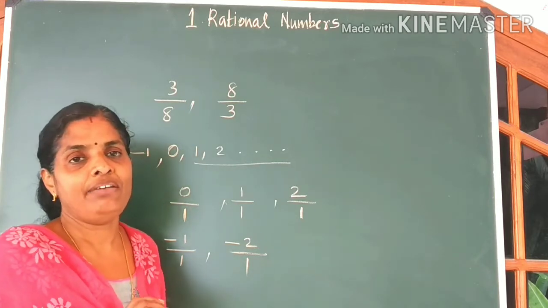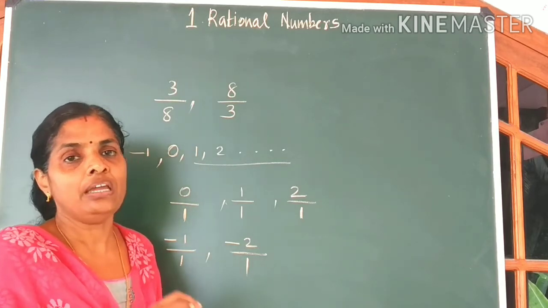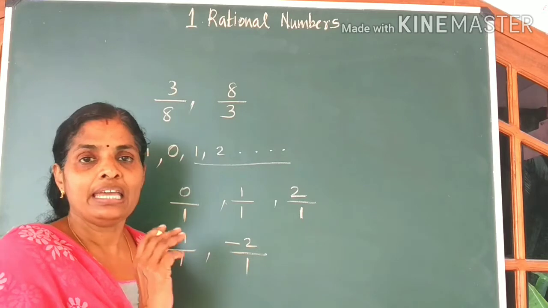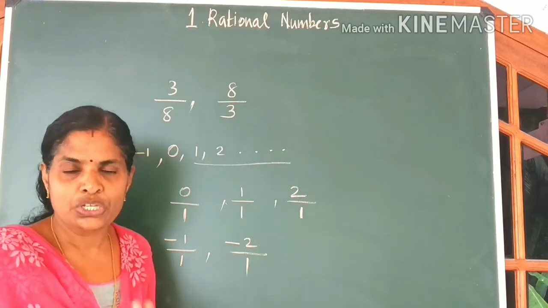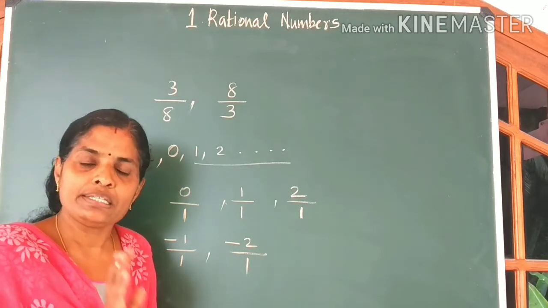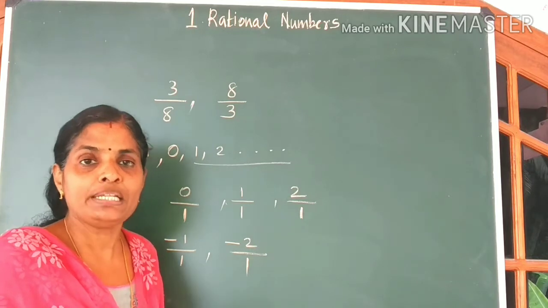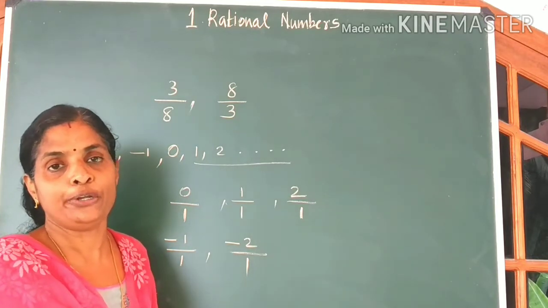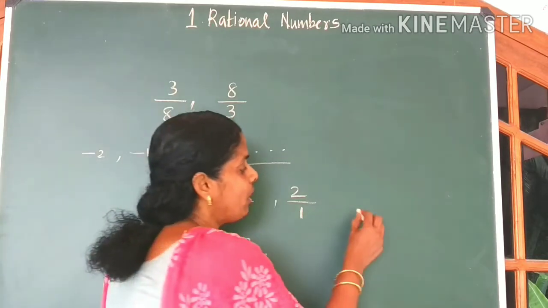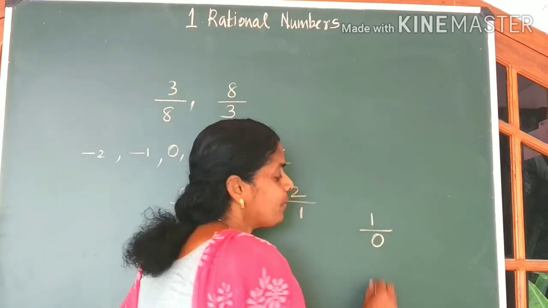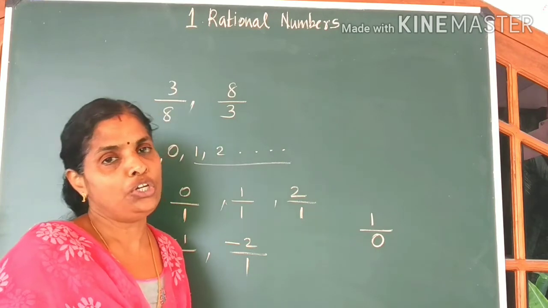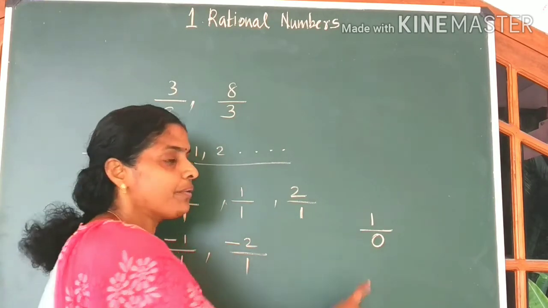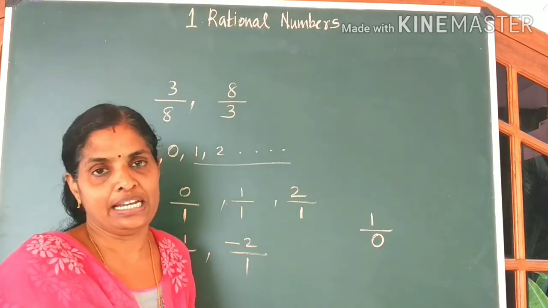Often children have a difficulty to identify rational numbers. So children, rational numbers are nothing but numbers of the form p by q, where q is not equal to 0. Can we call 1 by 0 a rational number? No. 1 by 0 cannot be called a rational number.